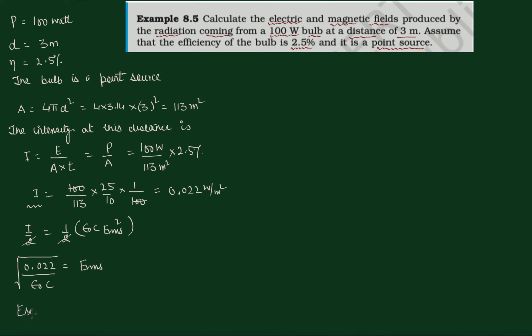E root mean square value is equal to square root of 0.022 divided by epsilon 0, which is 8.85 cross 10 to the power minus 12, into 3 cross 10 to the power 8 meter per second. If you will solve this part you will find that this is 2.9 volt per meter.